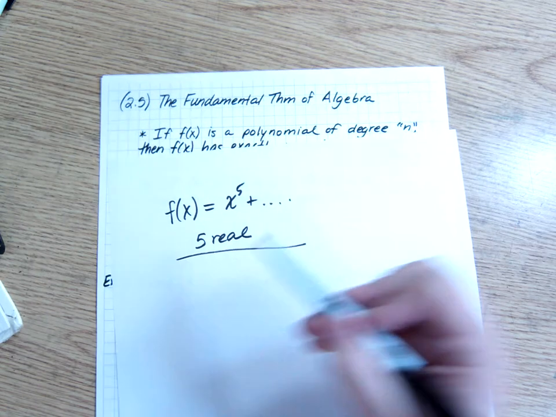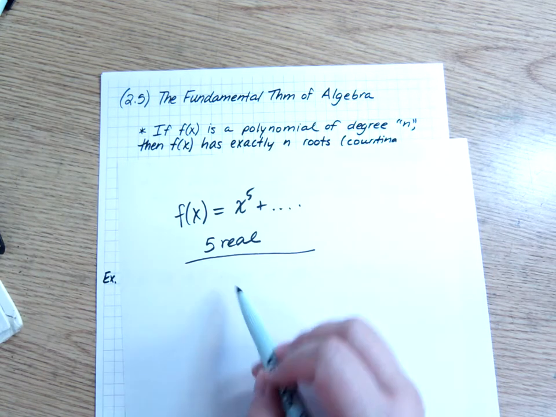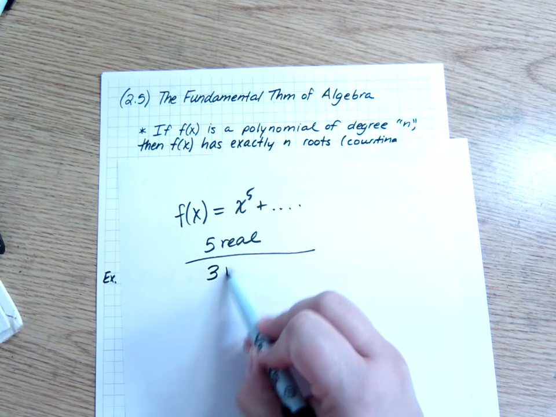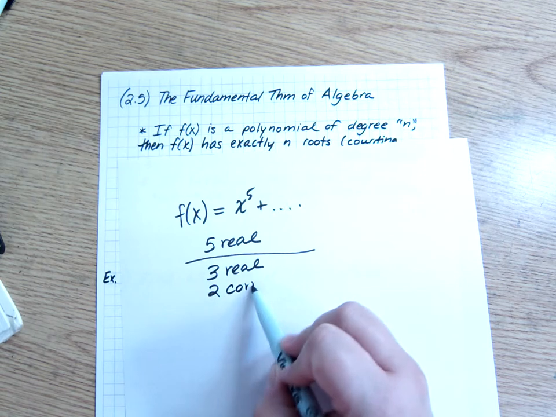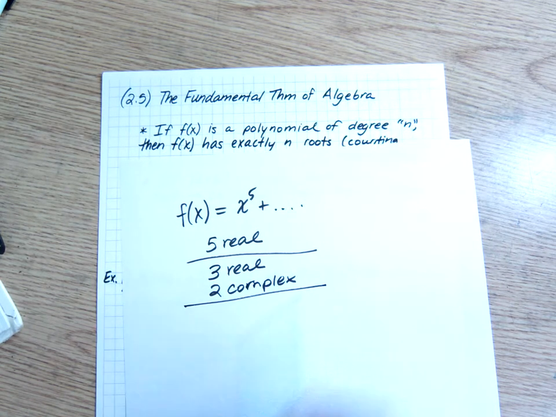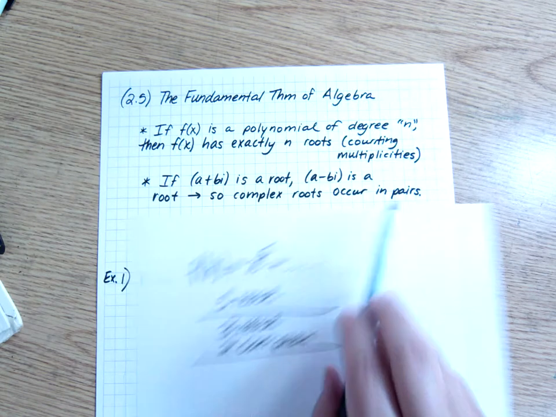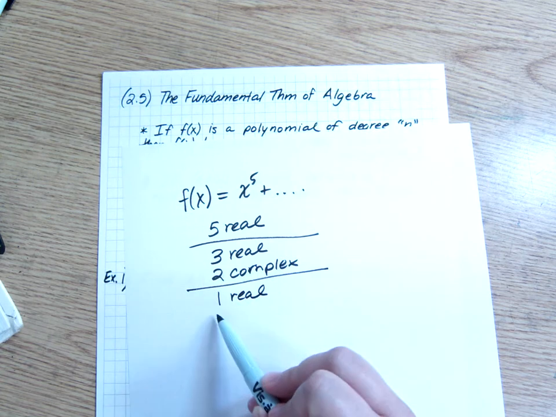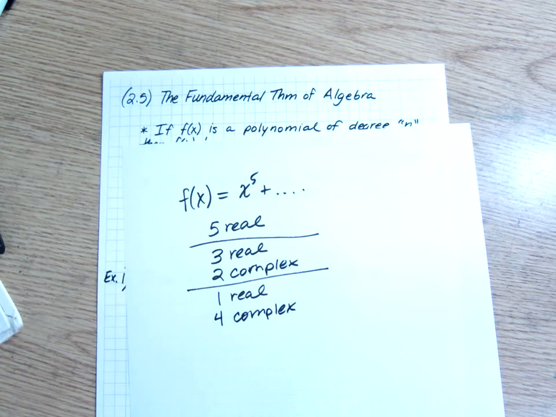No, because complex roots occur in pairs. So if any of them are imaginary, at least 2 of them are imaginary. So I could have 3 real and 2 complex. Or could I have 2 real? No, because that would be 3 complex, and that's not pairs. So I could have 1 real and 4 imaginary or complex roots. So these are some options.